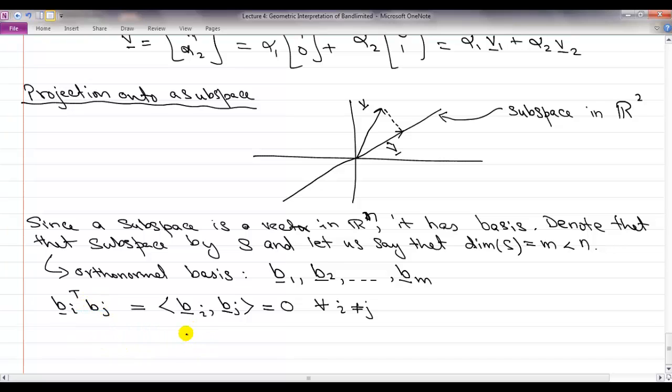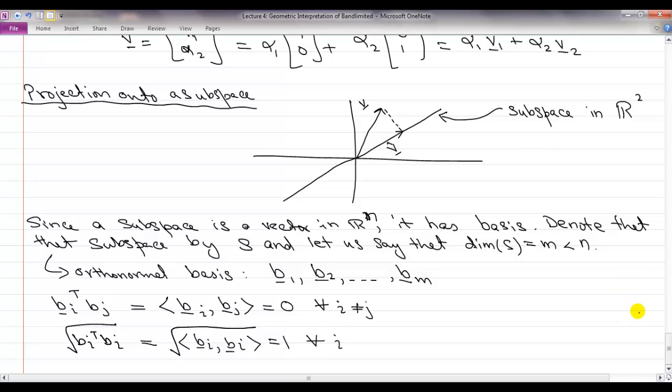And the other thing is that the norm of Bi is equal to 1 for all i. And again, since we are in Rn, that is this, and that means square root of Bi transpose Bi equals 1. Okay?